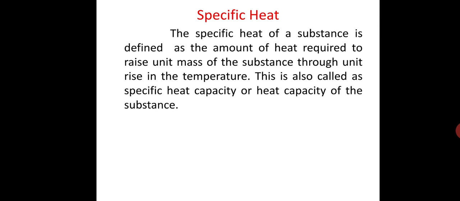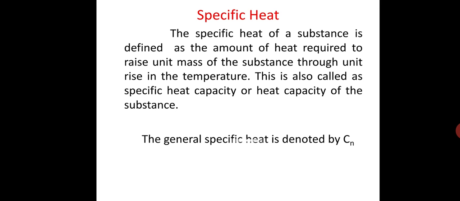Specific heat capacity is a measure of the amount of heat energy required to change the temperature of 1 kg of material by 1 Kelvin. Hence, it is important as it gives an indication of how much energy will be required to heat or cool an object of a given mass by a given amount. In general, specific heat is denoted by capital C with suffix n.